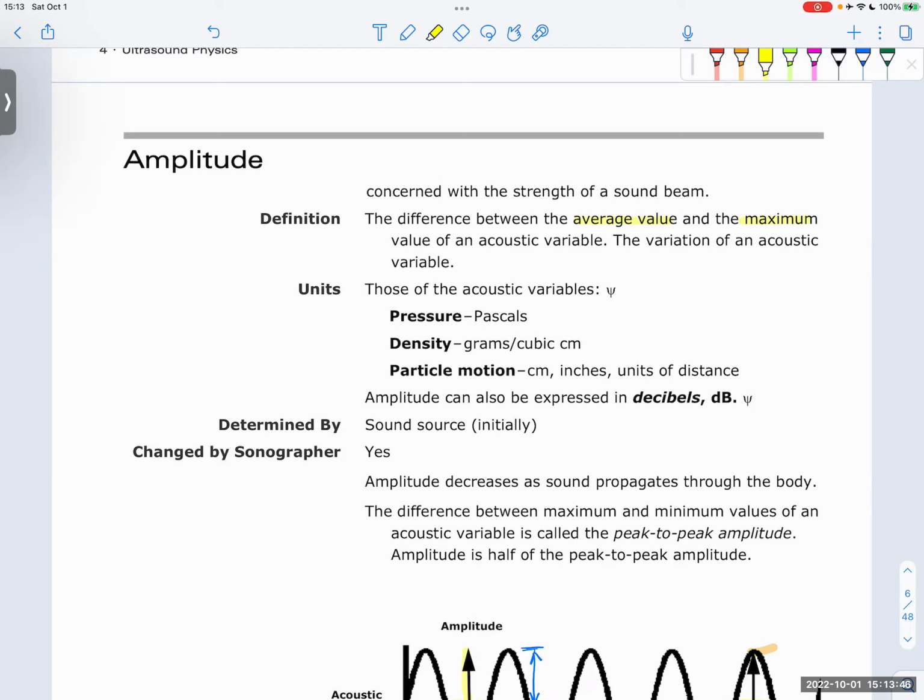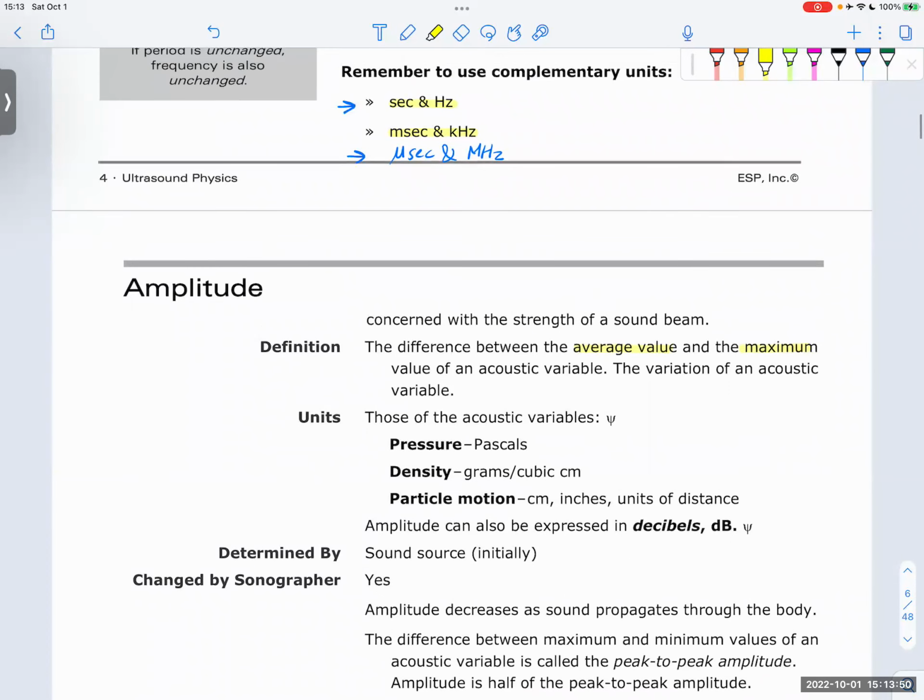It's not a real unit, because amplitude describes how far you deviate from the baseline. That's why, clinically and for our echo and ultrasound boards purposes, we say amplitude is expressed in decibels. And the abbreviation for it is this way.